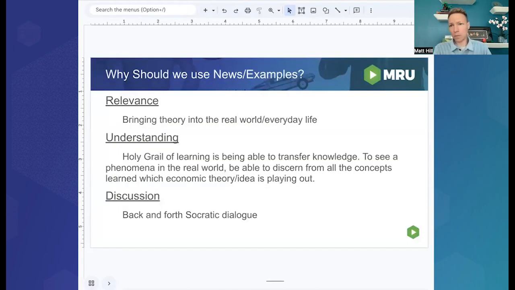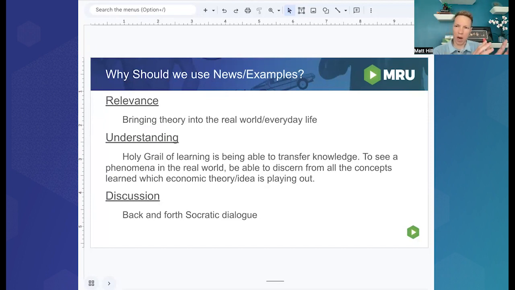So why should we use news as an example? I think we all know the value of using them, but just to be on the same page, you really want to have that aha moment where the students can see how the thing they're learning in class applies to the real world.